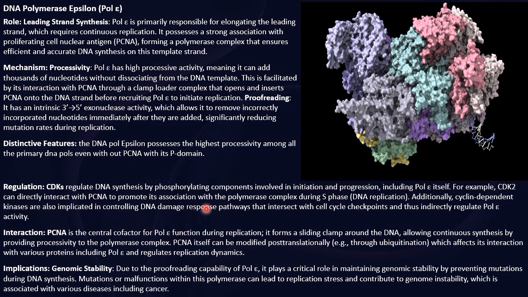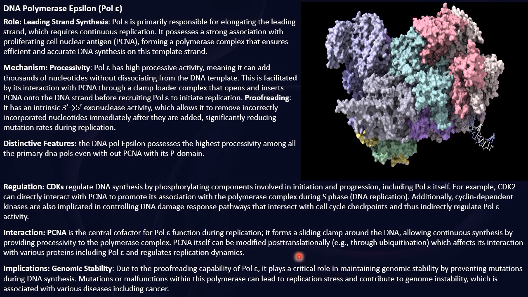It forms a sliding clamp around the DNA, allowing continuous synthesis by providing processivity to the polymerase complex. But PCNA itself can be modified post-translationally, that is, after the translation of the mRNA which codes for PCNA, through processes like ubiquitination or phosphorylation, which affect its interaction with various proteins, including pol epsilon, and regulate replication dynamics.